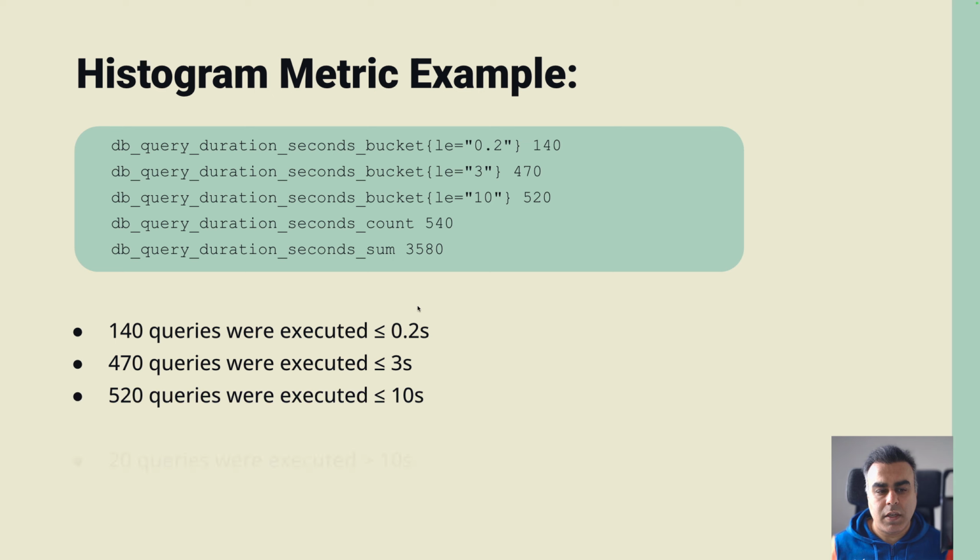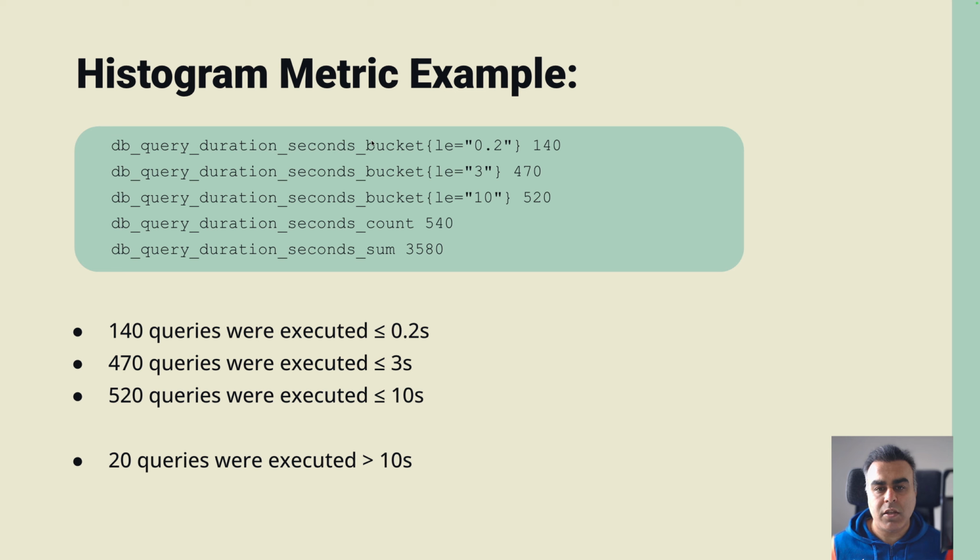And also we can know that, because the total number is 540 and 520 are less than 10 seconds, as a result, 20 queries were executed in more than 10 seconds. So we can know how many really slow queries we had in our system.